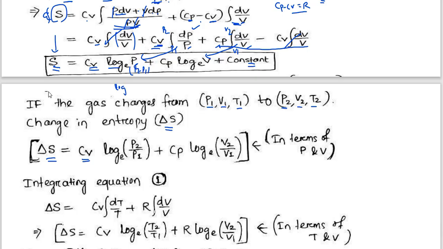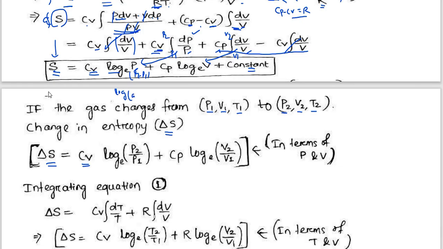And remember, log A minus log B equal to log A by B. That is used in this part, because for P the upper limit is P2 and the lower limit is P1.